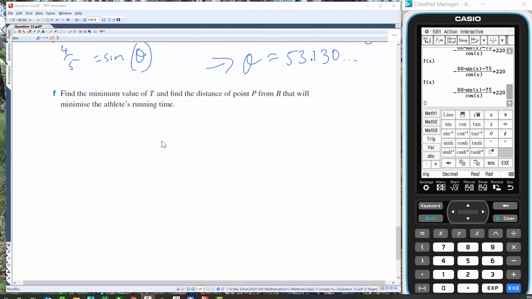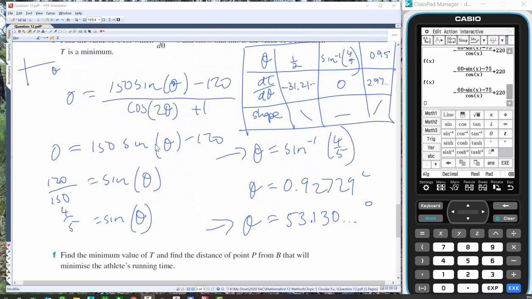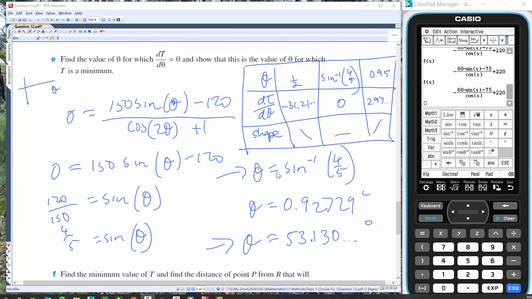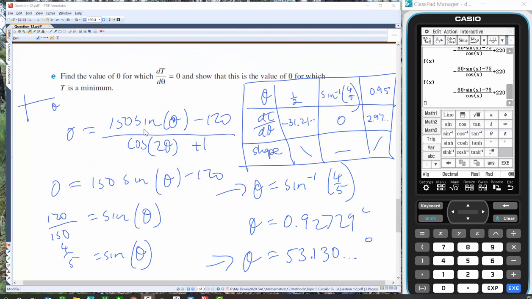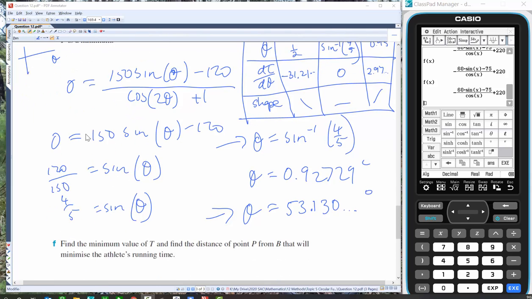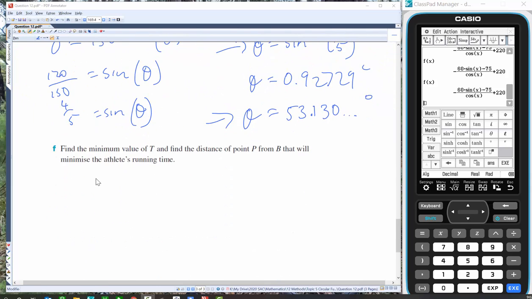Okay, so in the previous questions, what we've done is found out the value of theta that will minimize the function. So now we just need to get that minimum value. So all we need to do is calculate t with theta equals, what was it, sine inverse of 4/5.